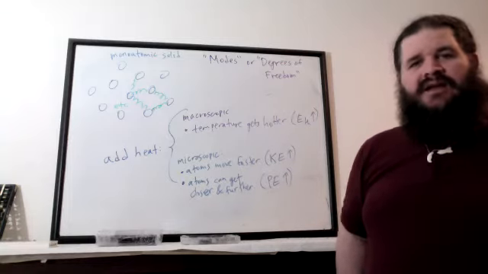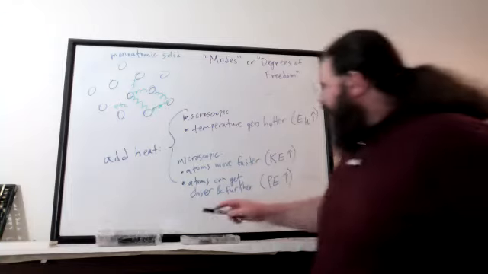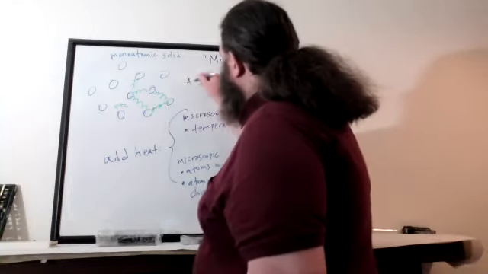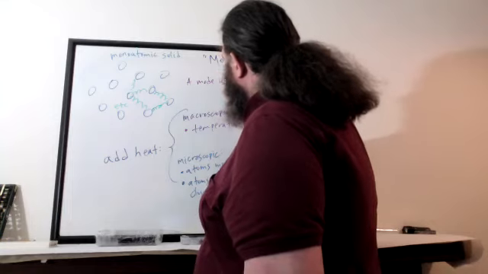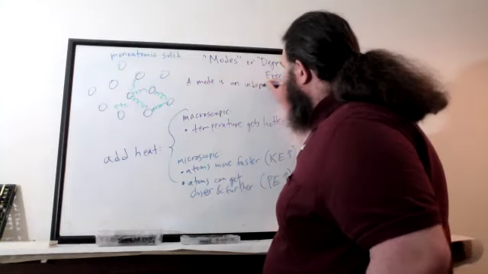The main idea is that a mode or a degree of freedom is a way for a particle to have energy. Or specifically, we're going to say an independent way for a particle to have energy.